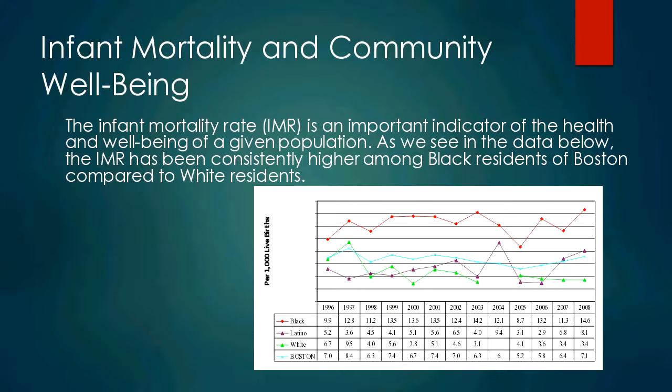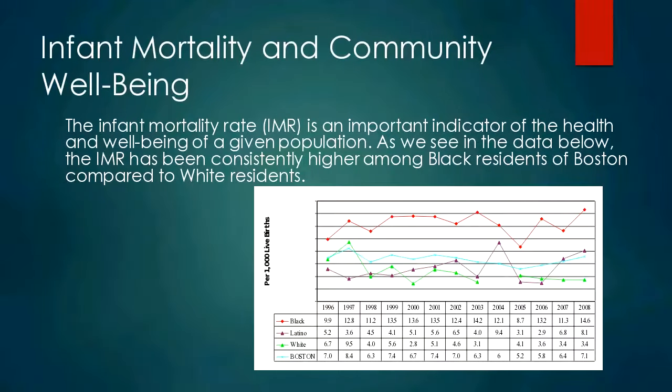What we see here in Boston, and this doesn't apply just to Boston, this is something that we have seen nationally, and we've also seen in almost every single urban center across the country, is that from 1996 to 2008, infants born to Black women had significantly higher infant mortality rates compared to infants born to women of other races or ethnicities.